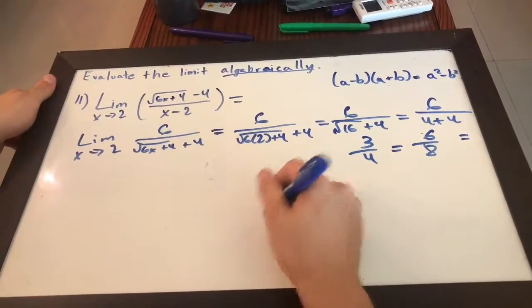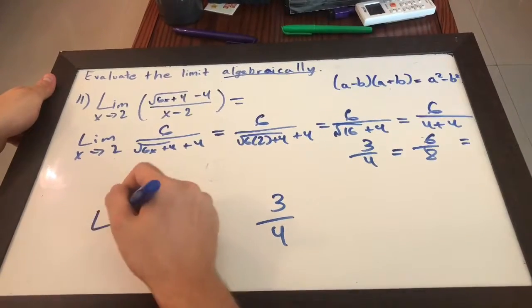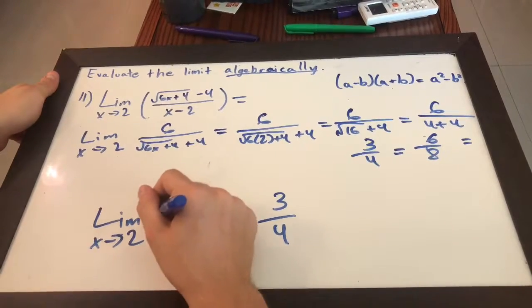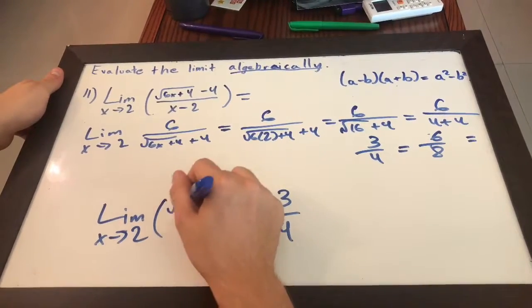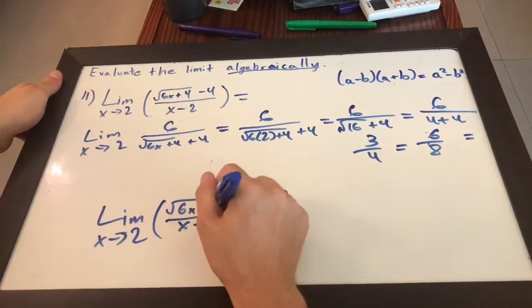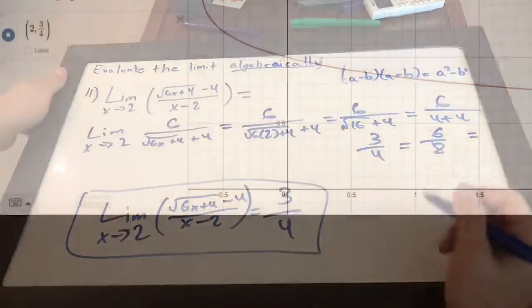So that is our answer, but the form to write it is to rewrite the limit as x approaches 2 and the whole equation, the square root of 6x plus 4 minus 4 over x minus 2, is equal to 3 over 4.